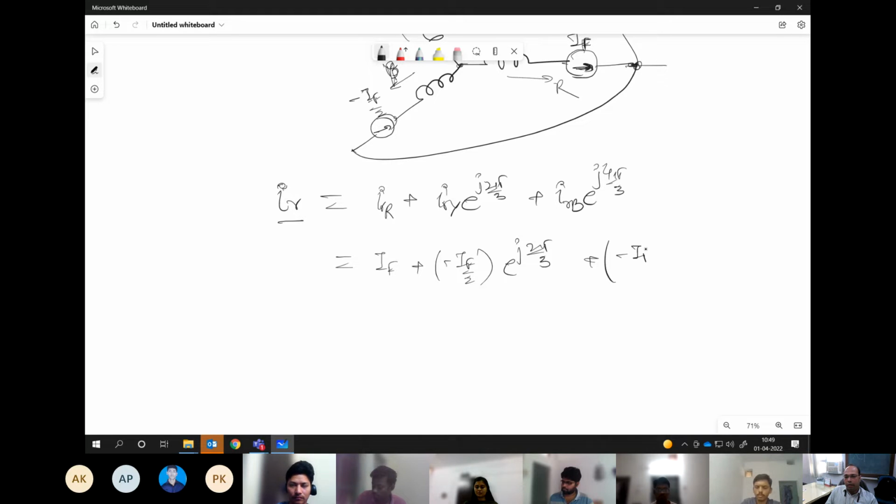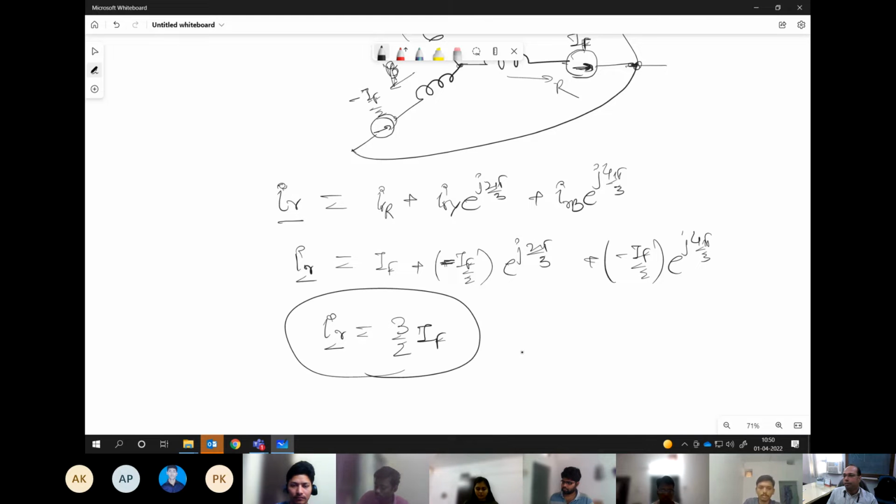And here again you have minus IF by 2. So when you segregate this and solve, you will see that the imaginary components cancel out and ultimately you will have only 3 by 2 times IF. Which means this vector has only a real component available. The imaginary component is not there.